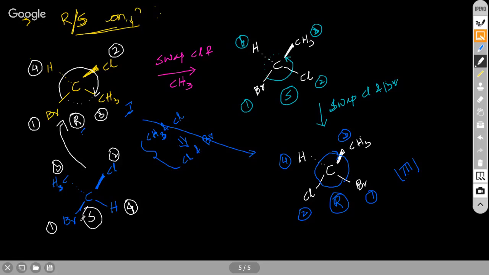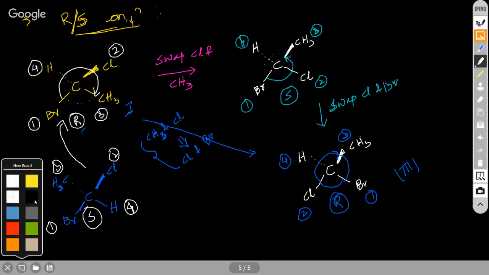Okay. Now we'll see Fischer projection, how to assign RS in Fischer projection. We have the same thing, all conditions are same. For Fischer projection, the only condition is what, like in wedge dash, we have the condition that the least priority must be into the plane of the paper.